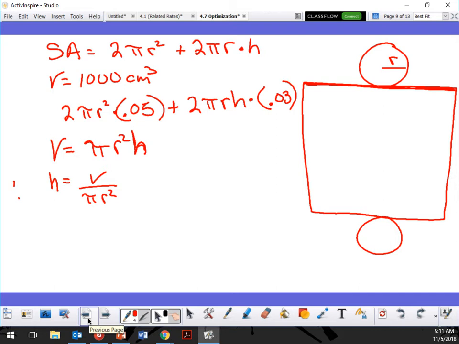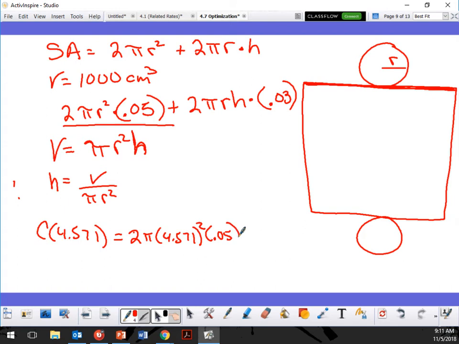So plug it in: C of r would be 2 pi times 4.571 squared times 0.05, plus 2 pi times 4.571, and I have to find the h, times 0.03. All right, so let's go back and find an h value now.